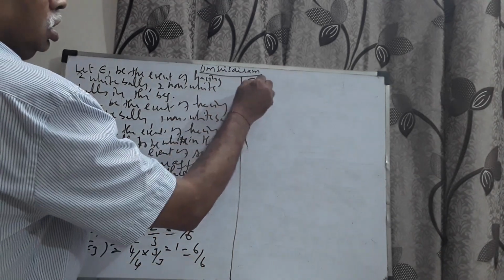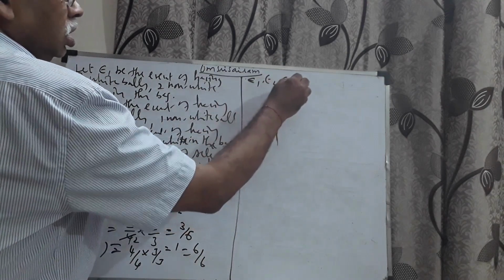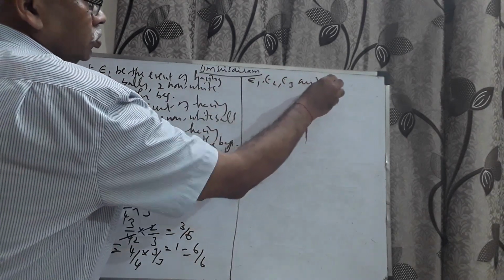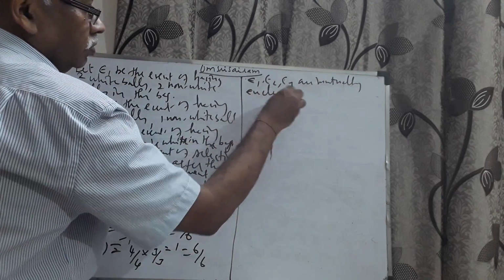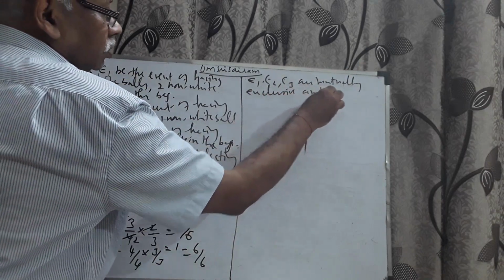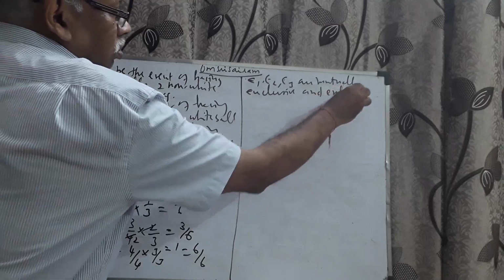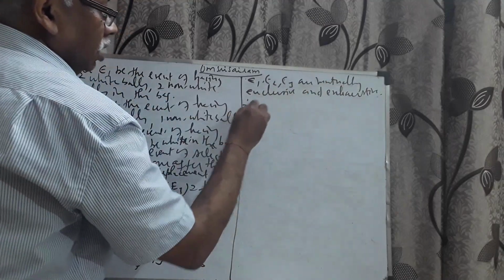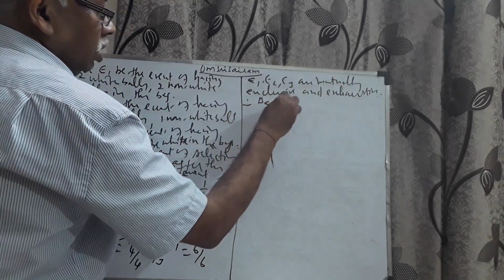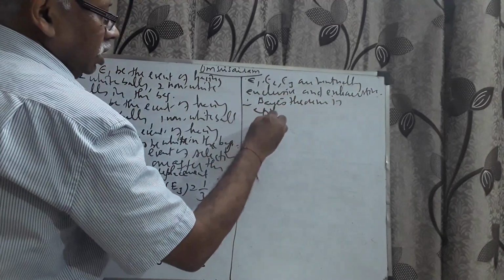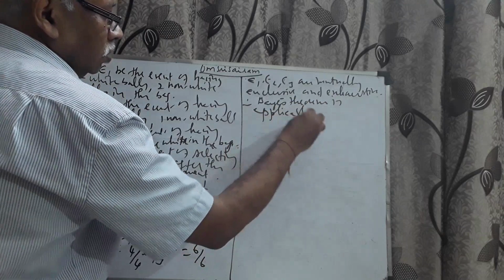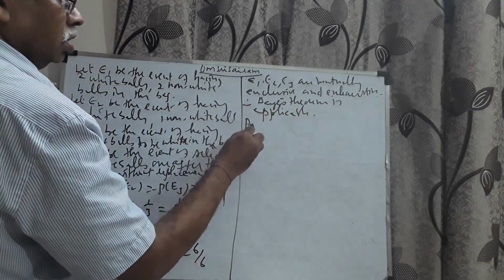Now E1, E2, E3 are mutually exclusive and exhaustive. Therefore, Bayes' theorem is applicable.